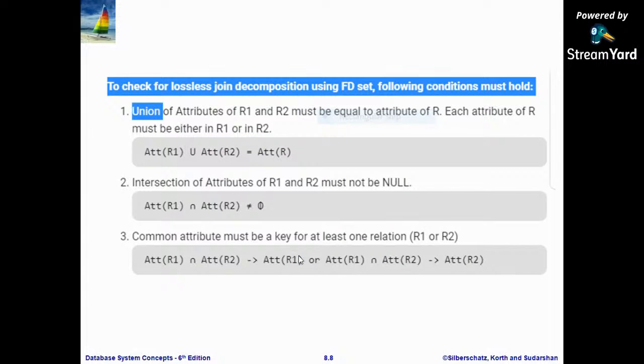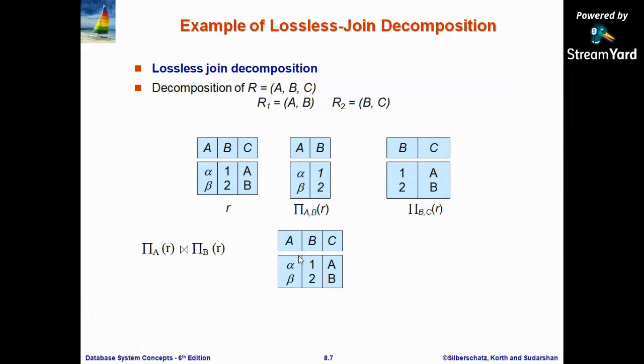Now if you are given such a decomposition, how do you check whether it is lossy or lossless? In GATE these questions are asked, so you need to understand very well which decompositions are lossy and which are lossless. To check this, you first have to find out the common fields, that is, calculate the common attribute R1 intersection R2.